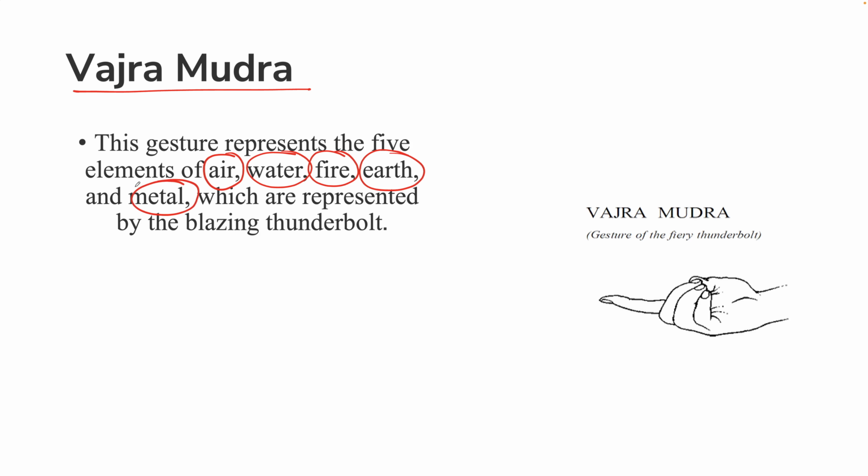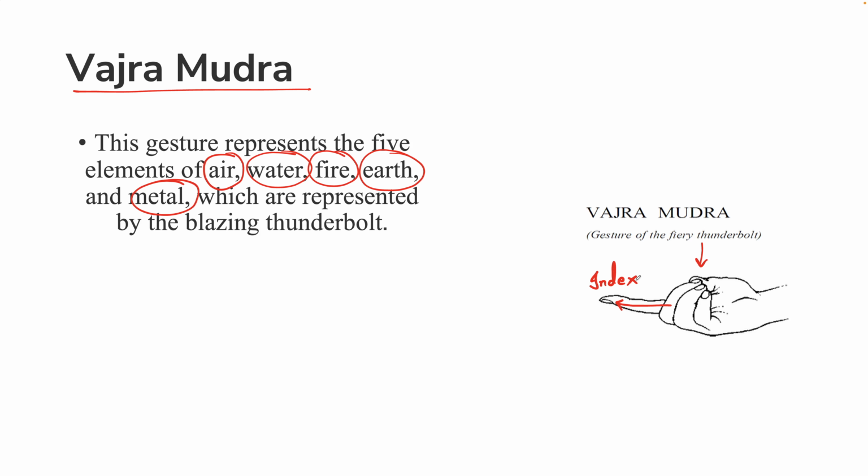These are represented by the blazing thunderbolt. So you can see that this is also called the gesture of the fiery thunderbolt. To perform this, the hands are brought together in front of the chest with the fingers interlaced, and the index finger, this is the index finger, extended straight upward to form a V shape.